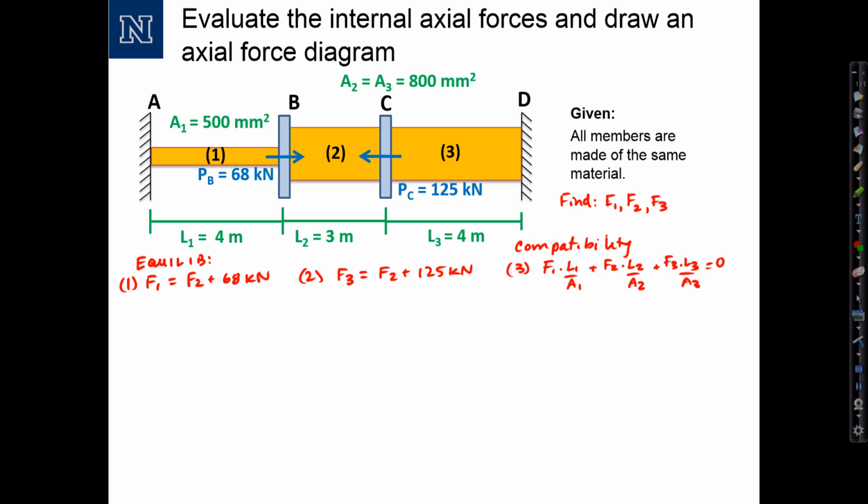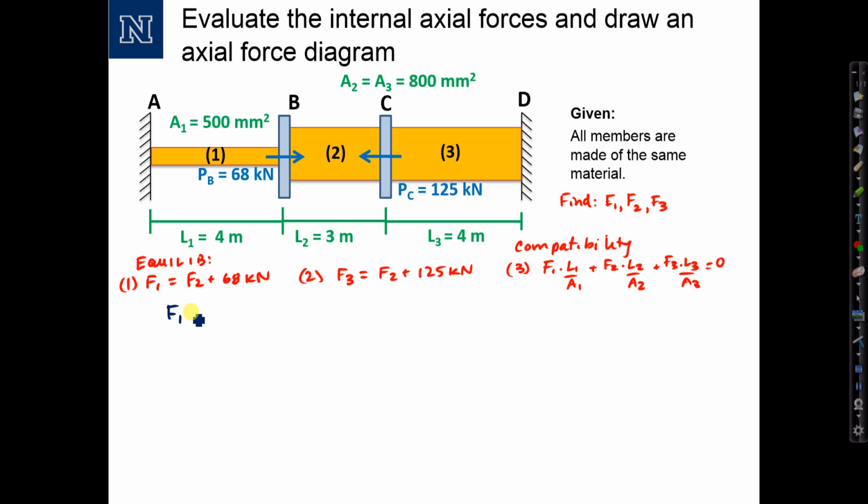This is not the only approach that will work, but it's the approach that we've chosen to try to simplify the math. Okay, so we'll start out with F1. I'm going to substitute the numbers in here. L1 over A1.